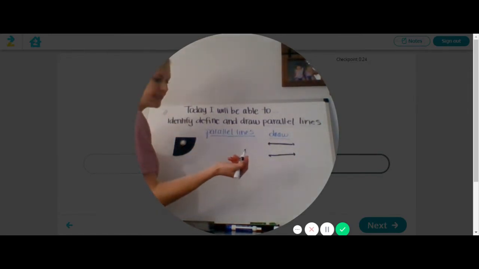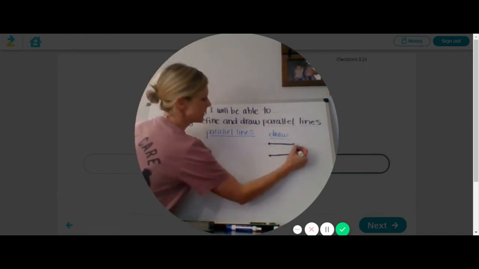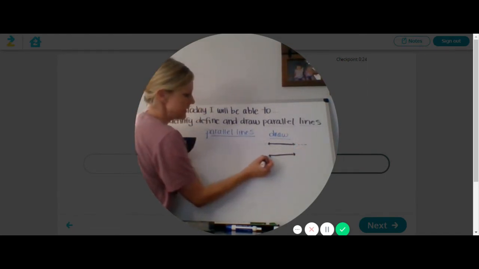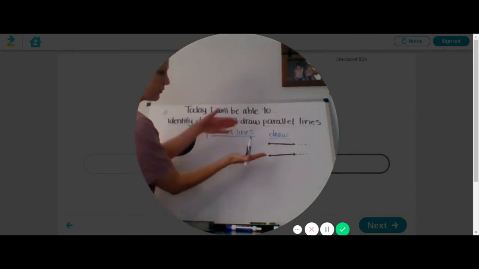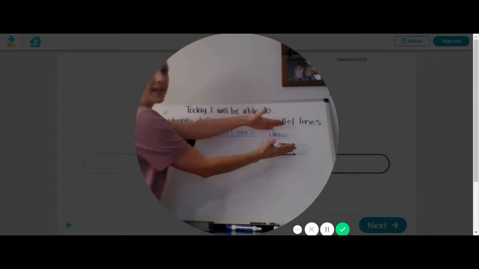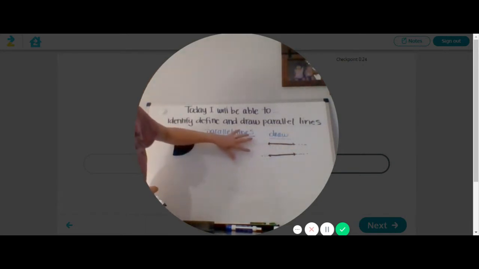Now, these lines, if I were to extend them, that means make them longer, they would keep going. To me, they look like roads that are side by side. They look like train tracks. And I want us to think about these two lines and how they are never coming together.